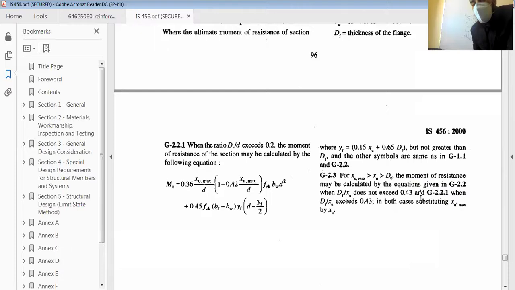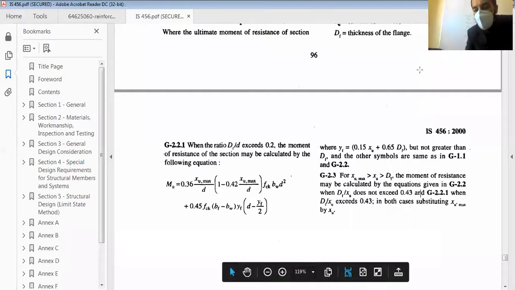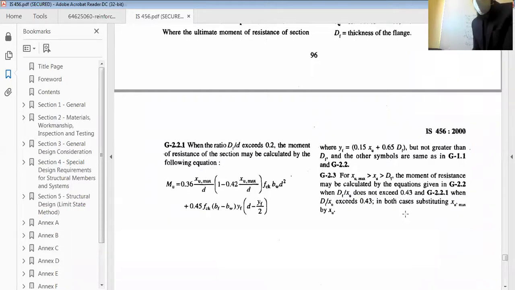We're just assuming that DF is equal to XU, so DF by XU is equal to 1. Your DF by XU does not exceed 0.43, then you will be using G 2.2.